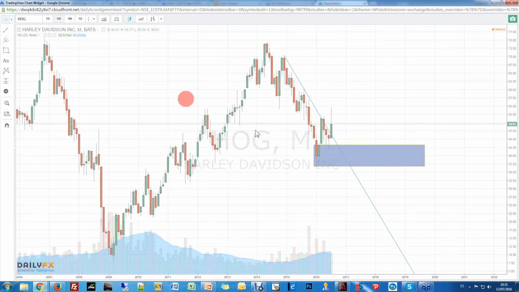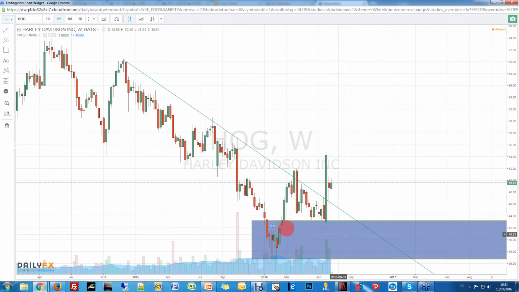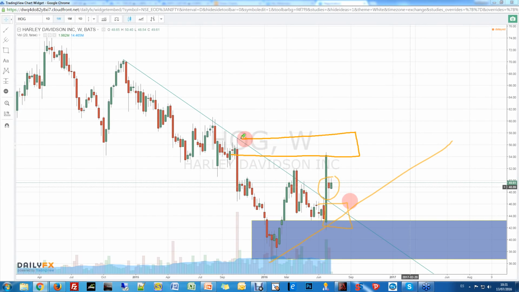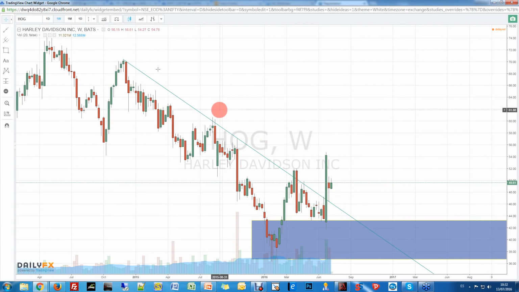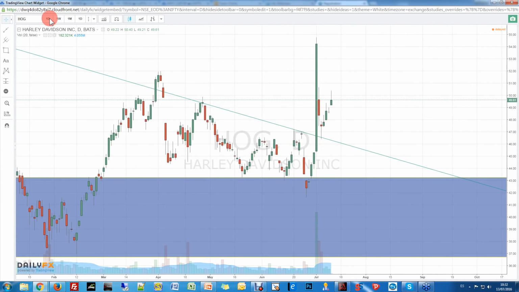So on the weekly, this is what we have. These inside candles here. So new area of demand created. Supply in control here. So aggressive long bias down there. I don't know if on the daily you've got enough price action there.